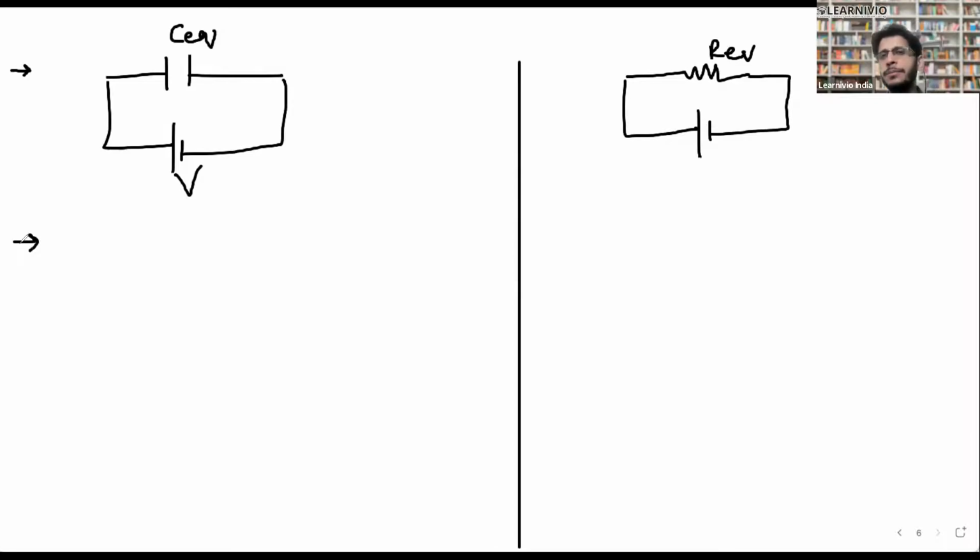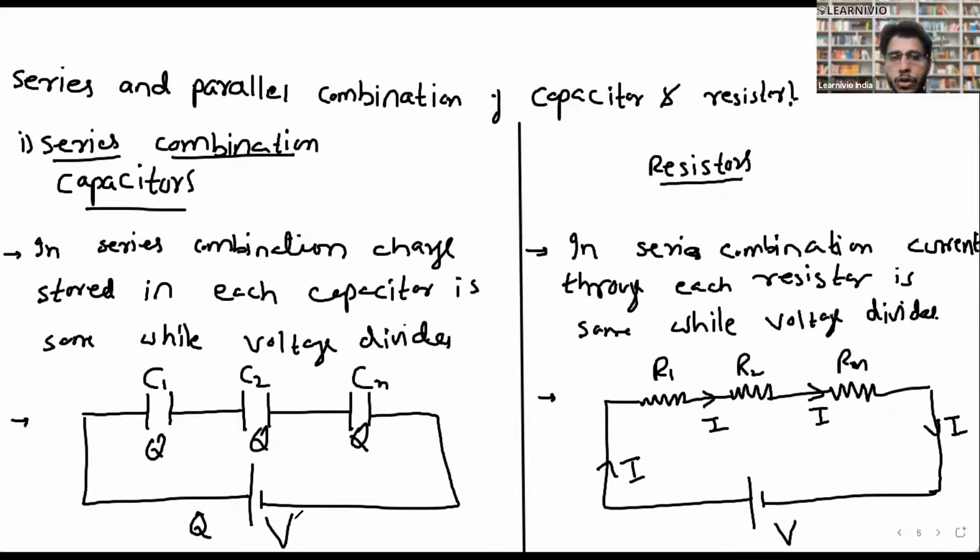Now, in the next step, see, the total potential difference across the circuit is equal to the voltage of the battery. You can say that the total potential difference is V. Across the complete circuit, the total potential difference is V, and this potential difference gets divided: V1, V2, V3, Vn.